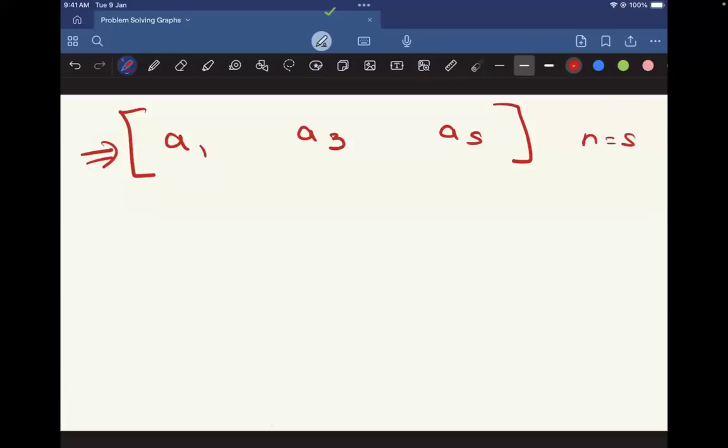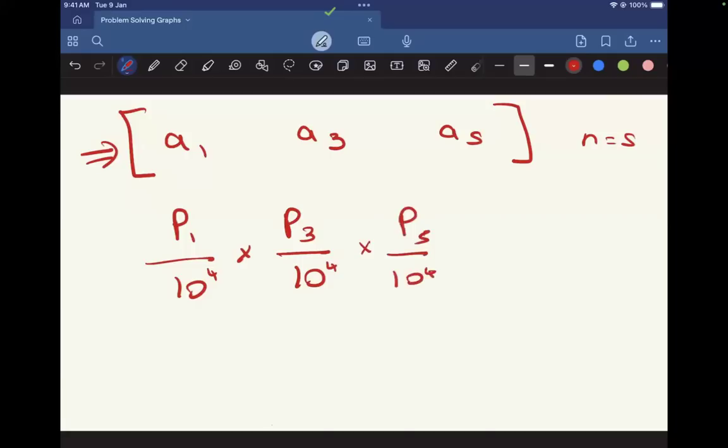So the probability that this happened is P1 raised to 10^4 into P3 raised to 10^4 into P5 raised to 10^4. That is not only it, but do you agree we didn't pick up A2 and we didn't pick up A4?